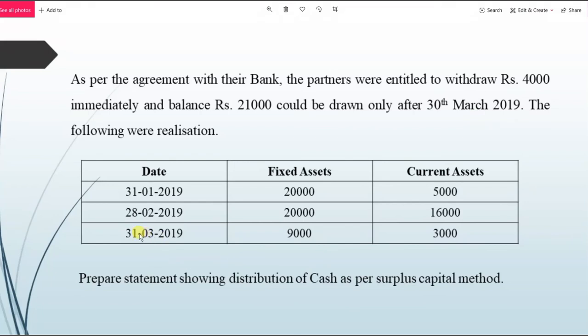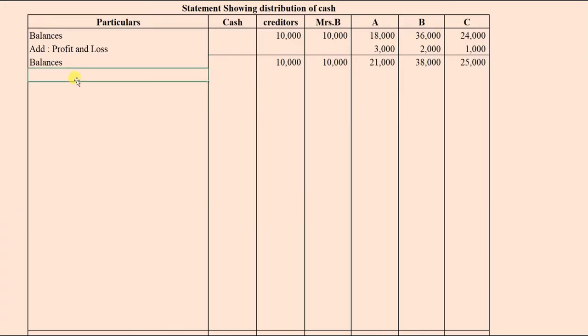It means after the last realization we can withdraw rupees 21,000 and now only 4,000. So now we have rupees 4,000 cash balance.